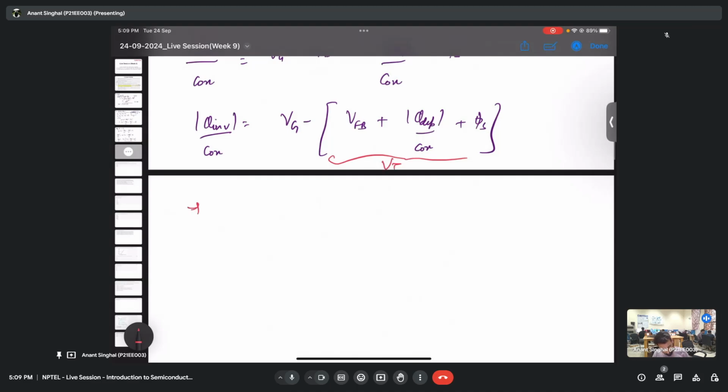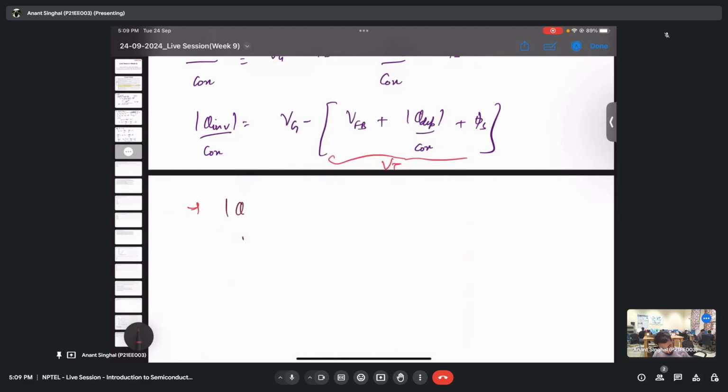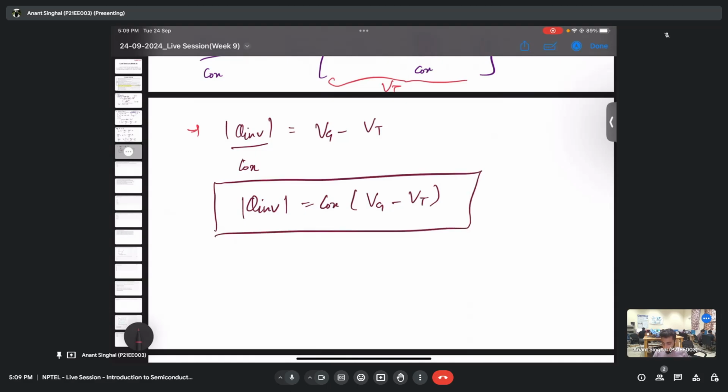So Q inversion can be written as Cox times Vg minus Vt.